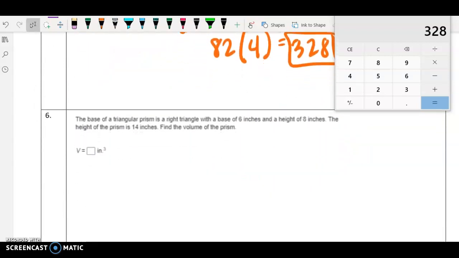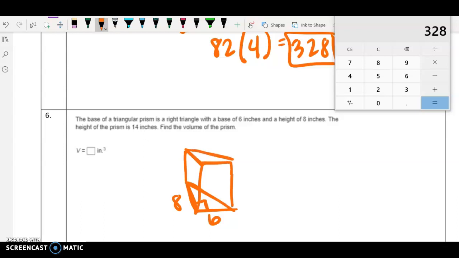The base of a triangular prism is a right triangle with a base of 6. Well, let's draw this. So we have a right triangle with a base of 6 and a height of 8, and the height of the prism is 14, so kind of like the one that was just above. So now let's find the volume of the prism. For the triangle, we find the area, so that's our base times our height divided by 2.